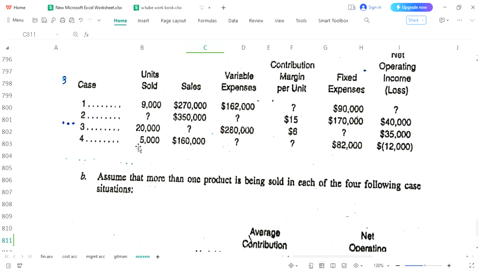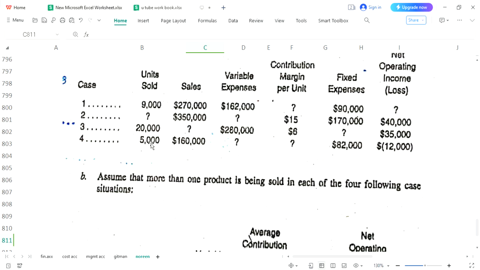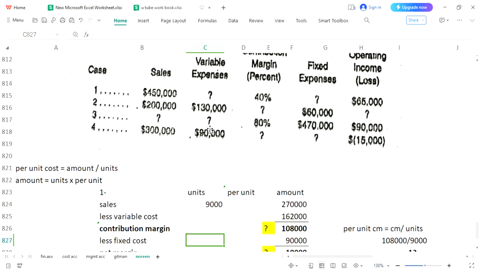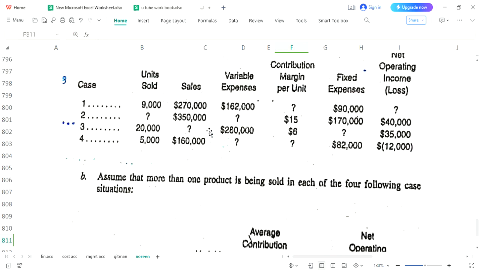So 20,000 are the number of units. Then the next, sale, is missing. So we can put a question mark over here. The amount of sale is not given. And next is 2,80,000 variable expenses.